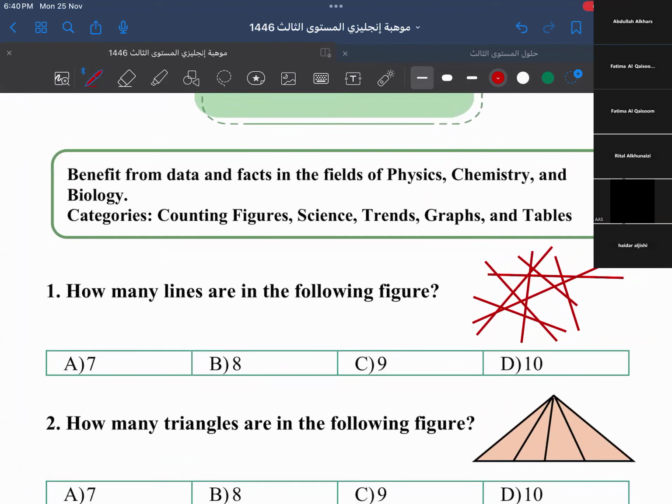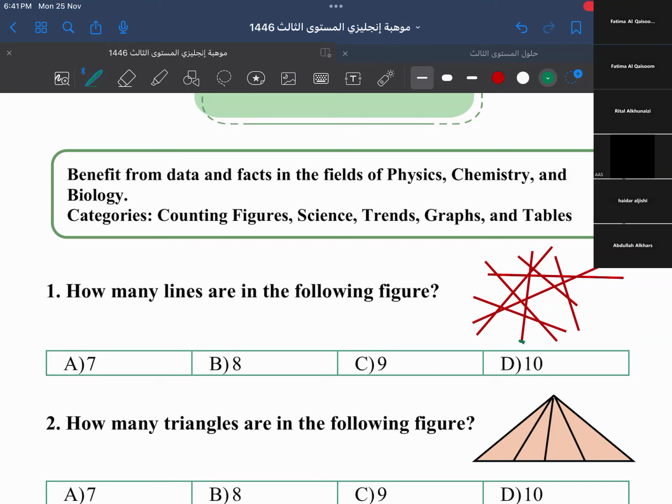Yes, Abdullah? I just straight up counted them and I got 8. Yes, so simply by counting them, you're going to see that it is 8. Is there any easier way to solve this? We're lucky that there are 8 here, but sometimes it can be harder. So there is an easier way, by counting all the ends of the lines.